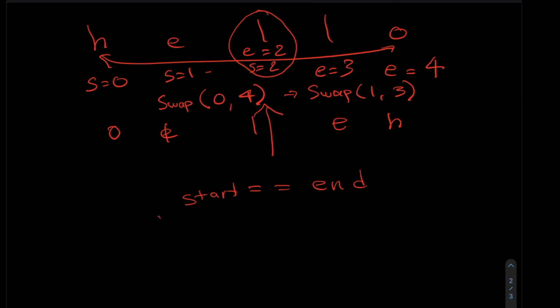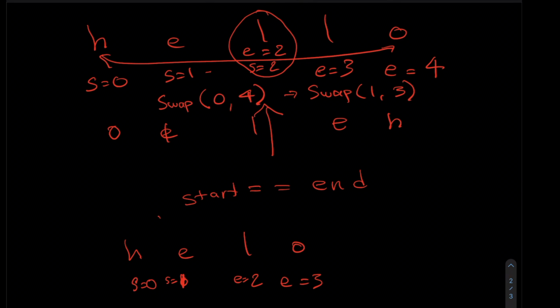there's a slight problem with this. Because what if you have hello, but there's no L, right? So our start pointer here is 0, E is equal to 3, so then we swap, and then it's equal to 1, and then this is equal to 2.